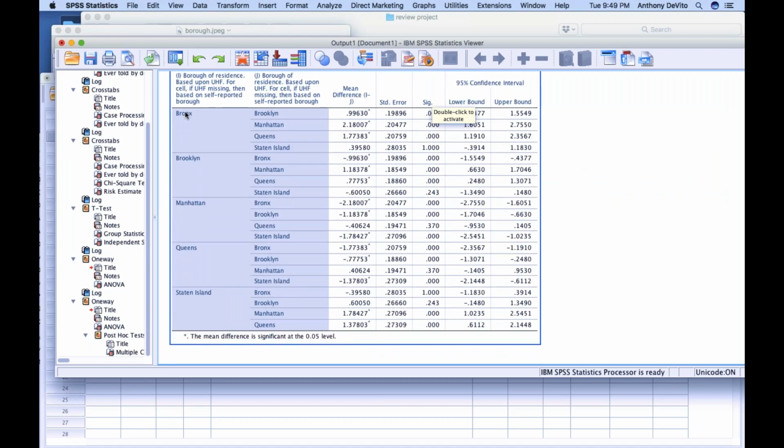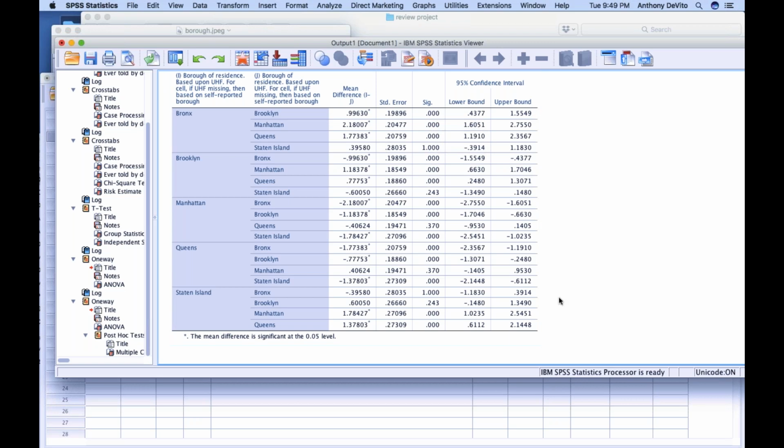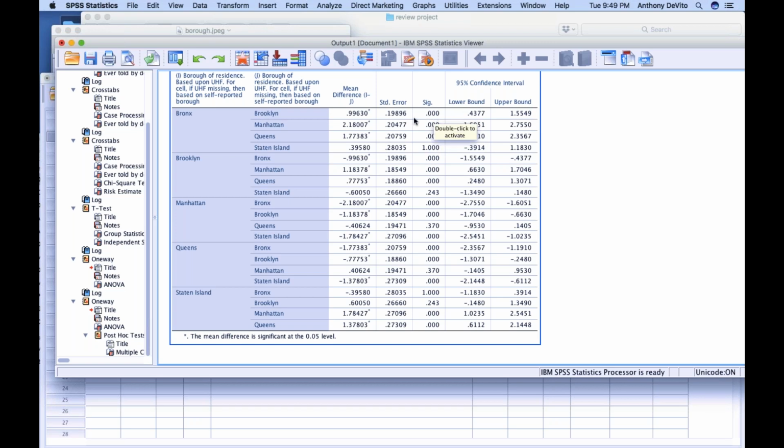SPSS compares each one of the boroughs to all the other boroughs, Bronx to Brooklyn, Queens, Manhattan. And what I'm looking for here is significances that are less than 0.05. And I can say then that we reject the null hypothesis for those comparisons. So Brooklyn versus Bronx, that's significantly different.